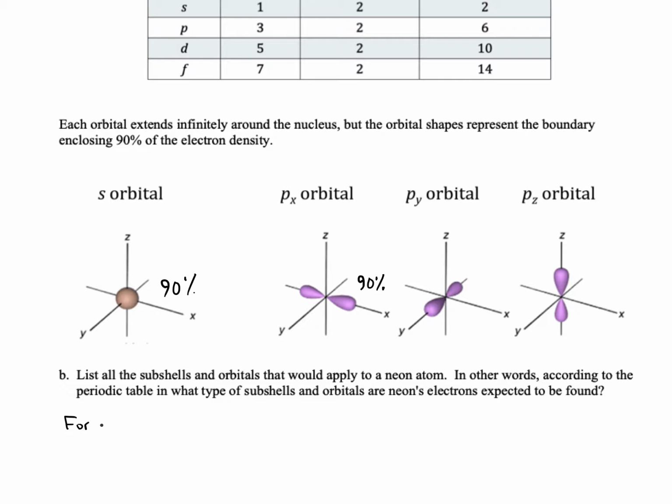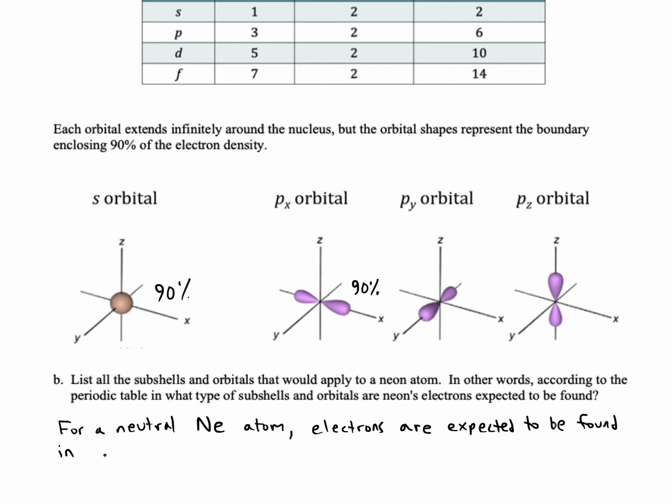So for a neutral neon atom, electrons are expected to be found in 1s, 2s, and 2p.